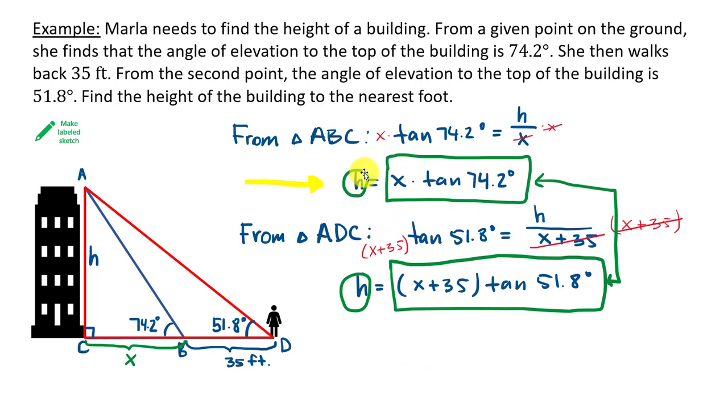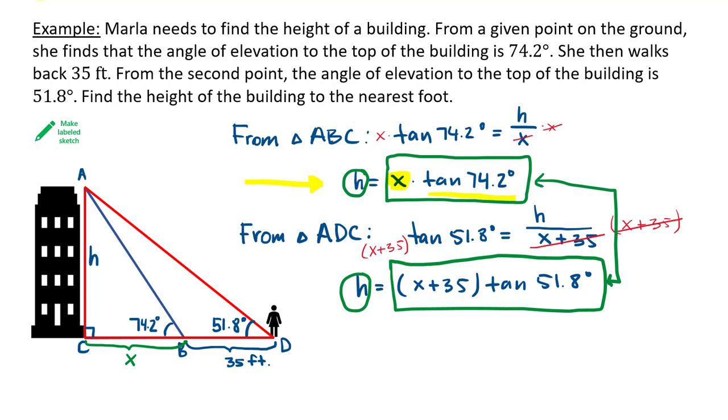Remember, we need to find h, and we said how that was the perfect equation to use to find h once we know x, because now we simply need to plug in x over here, multiply it by tangent of 74.2, and we find h. So let's do that. By the way, using the second equation is also fine. It just has this extra step, so that's why we're not going to use it.